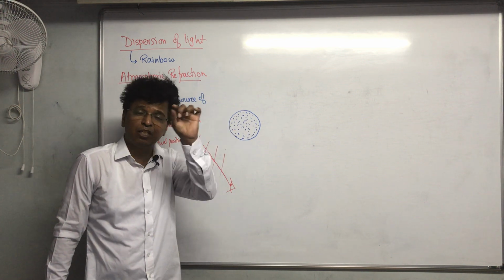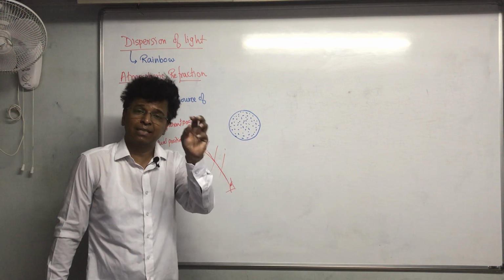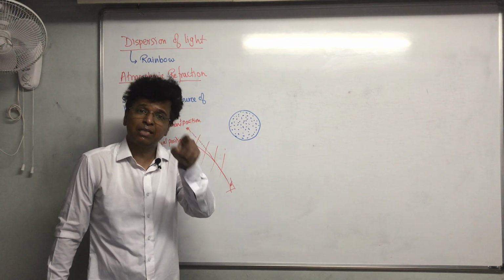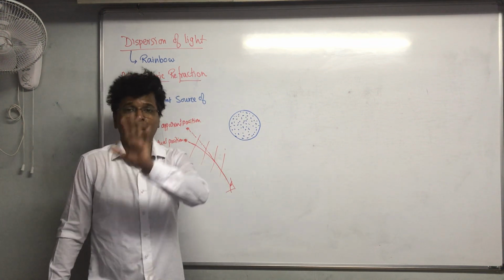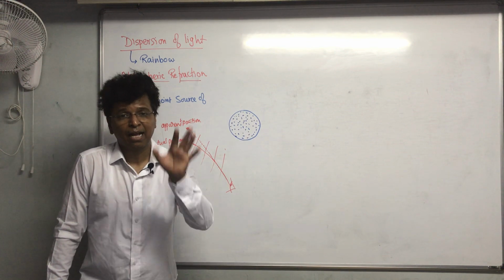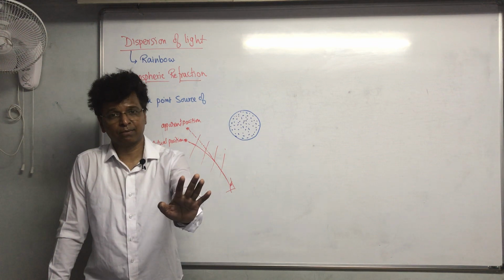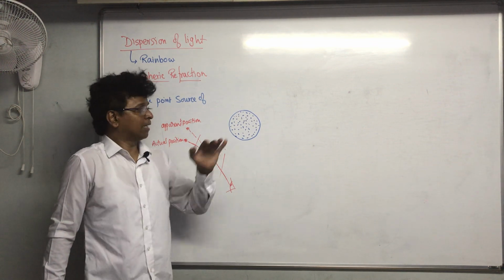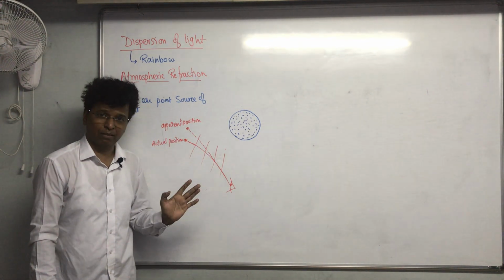Definitely each point source on the surface of the moon is undergoing refraction, and the intensity of each light coming from the surface of the moon is changing. But then all the point sources average out the intensity of light, and the average intensity of light remains constant. This is the basic concept. Are you getting it? That's why the moon and other planets don't twinkle, stars twinkle.